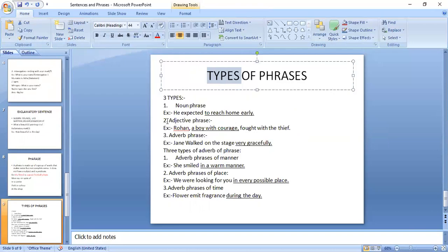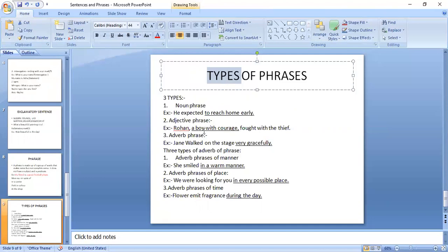Then next one is adjective phrase. What is an adjective phrase? An adjective phrase is a group of words that acts as an adjective in a sentence. For example, Rohan, a boy with courage, fought with the thief.